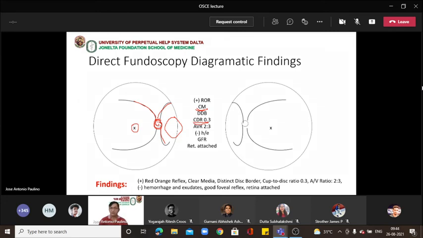You then trace the vascularizations, and look if there is presence or absence of hemorrhages and exudates, because the presence of hemorrhages and exudates might point you to a diagnosis of hypertensive retinopathy if there are a lot of exudates, hard exudates in particular, or diabetic retinopathy if you see soft or cotton wool exudates and bleeding around the vessels.